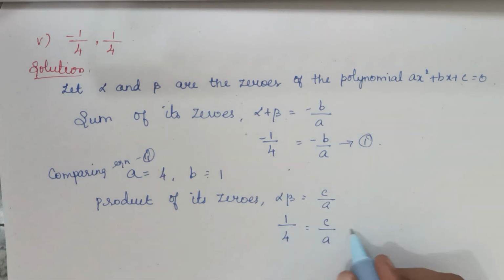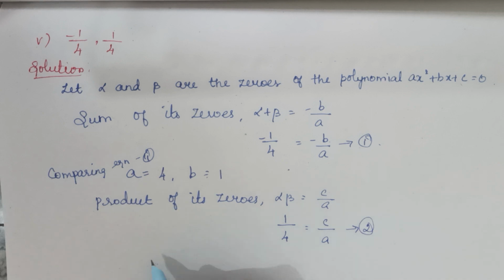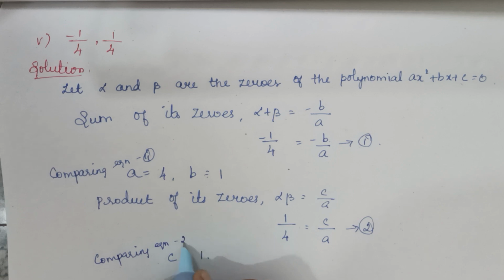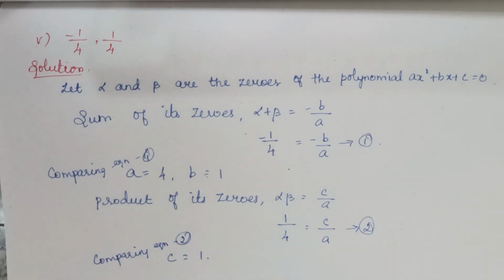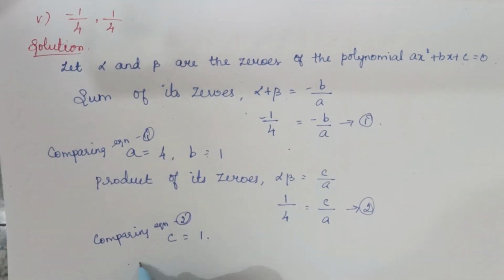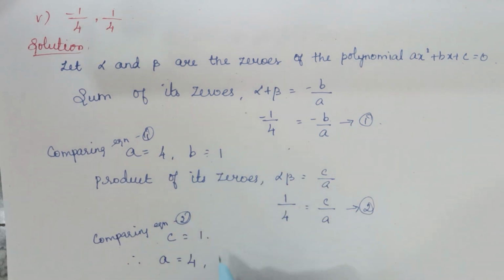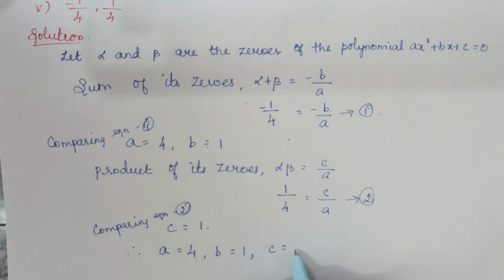By comparing equation 2, we found that c is equal to 1. Therefore a is equal to 4, b is equal to 1 and c is equal to 1.